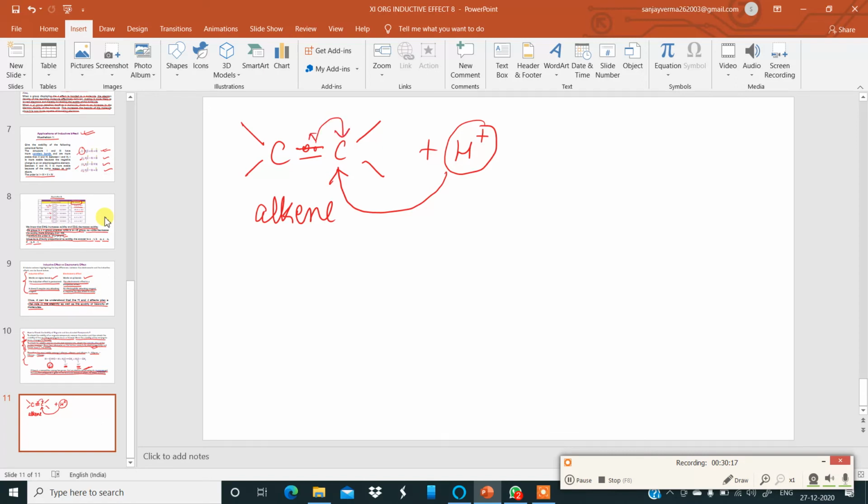Then only there is a possibility of forming a bond with this hydrogen. It results in the formation of a species which looks like this, and the first carbon acquires a positive charge.